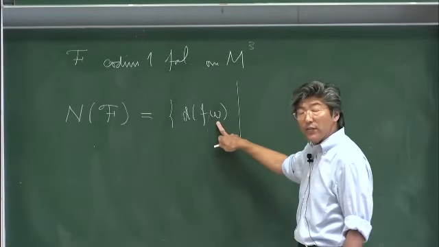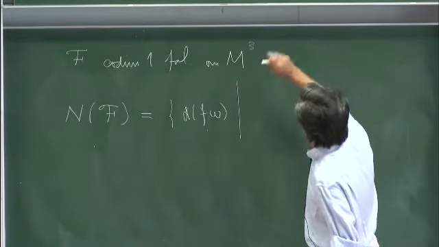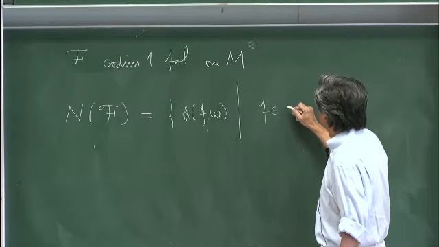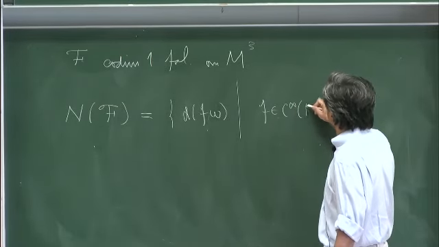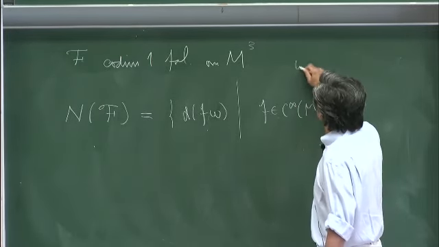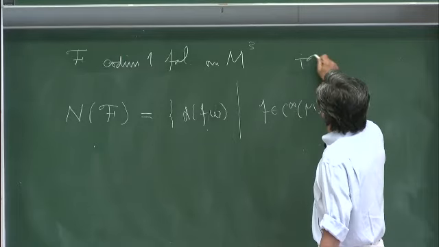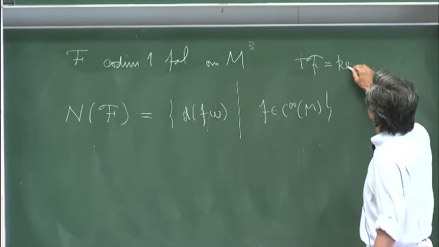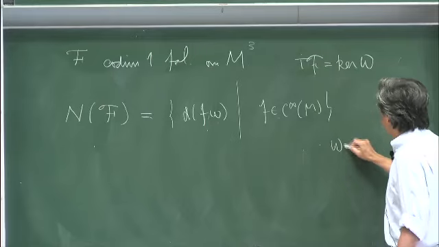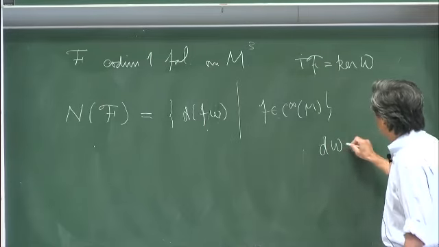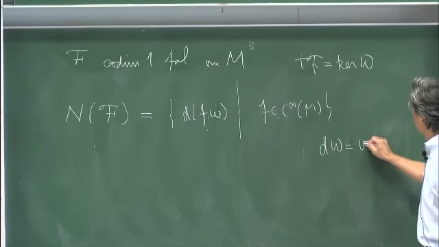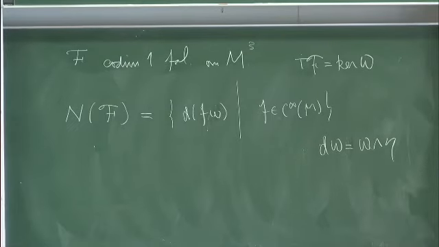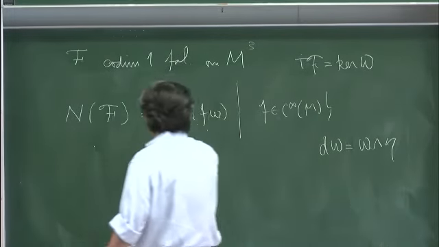Here omega is the defining one form for the foliation, and f is a smooth function. The tangent plane of the foliation is the kernel of omega, and because of the Frobenius integrability condition, d omega is omega wedge something, eta. Usually we call it eta.